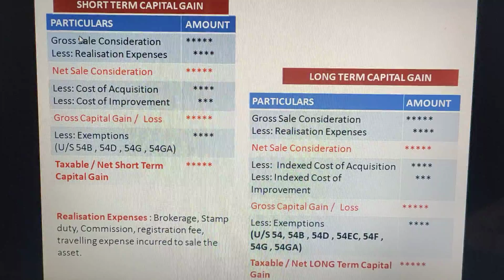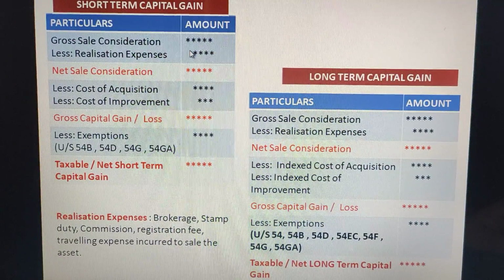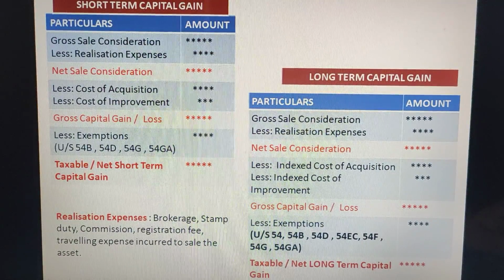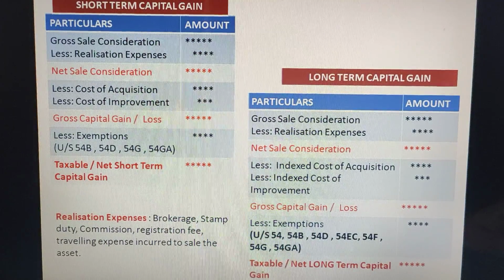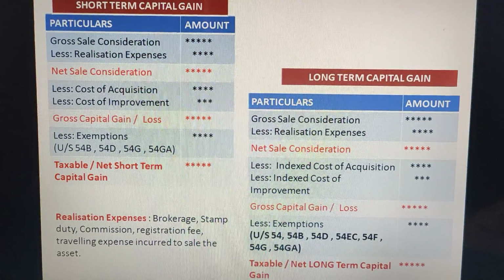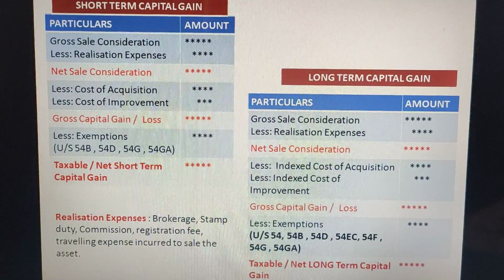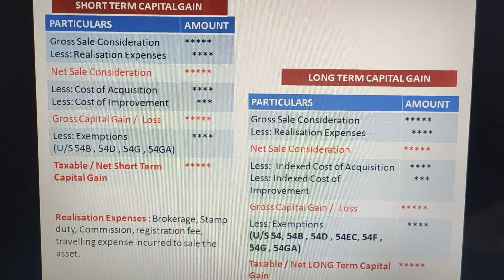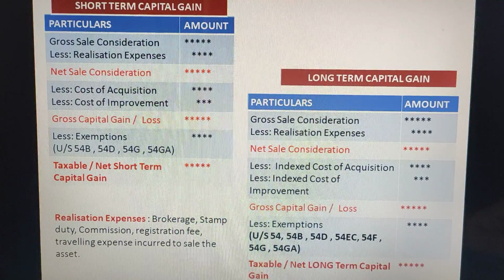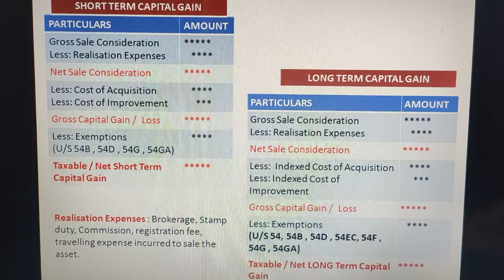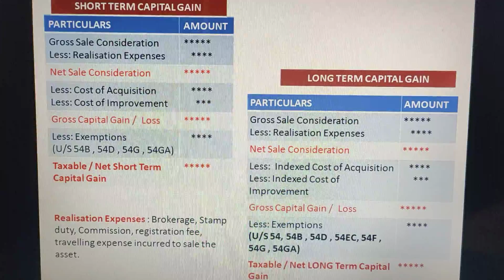What is gross sale consideration, which is common in both formats, long term as well as short term? Gross sale consideration is the amount of sale of your capital asset. Whenever you sell your capital asset, whether it is short term or long term, whatever price you have decided for the sale, that is called your gross sale consideration.